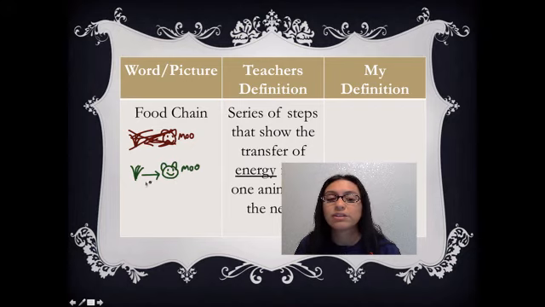So it's showing energy flow from the grass to the cow. And if we had a human here, energy would flow from the cow to the human when the human eats the cow, like this. Okay? So this would be a food chain the correct way, with arrows pointing in the direction of where energy is flowing.